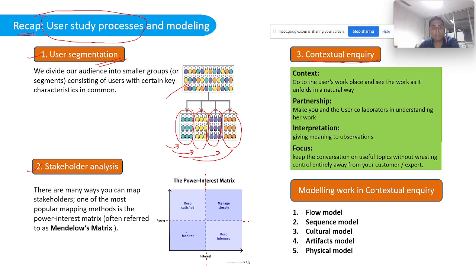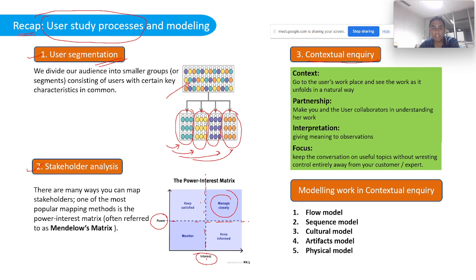Depending upon the stakeholders' interest and their power to impact a design project, we divide stakeholders into 4 groups. This is represented by a coordinate system where we have 4 quadrants. This particular matrix is called Mendelow's matrix, where we need to manage closely those stakeholders which have high interest and high power.